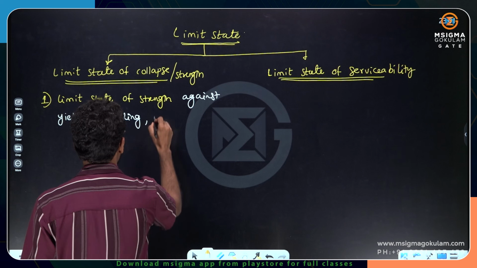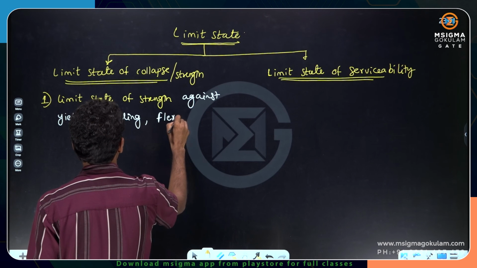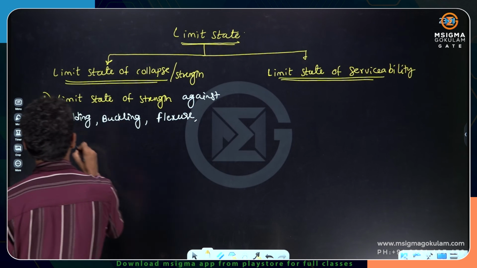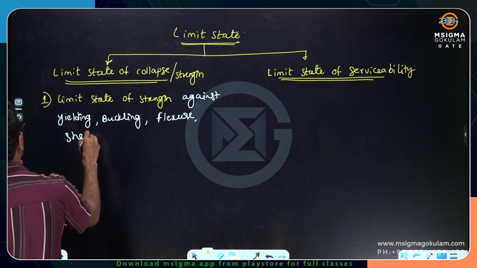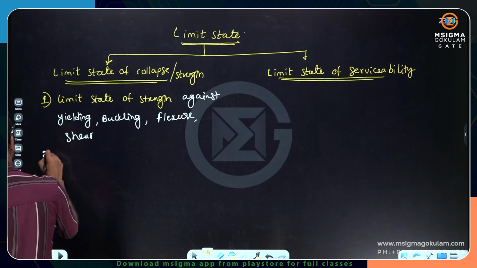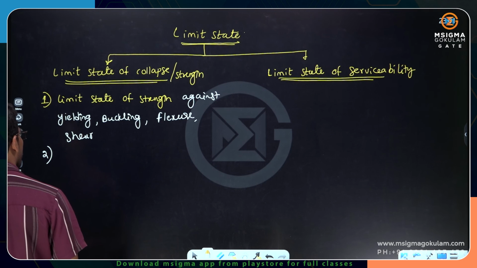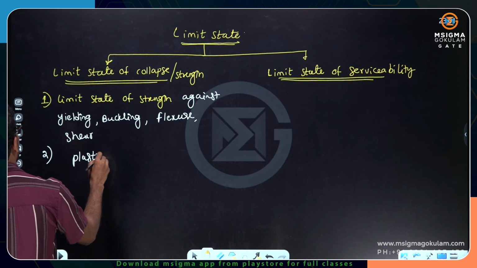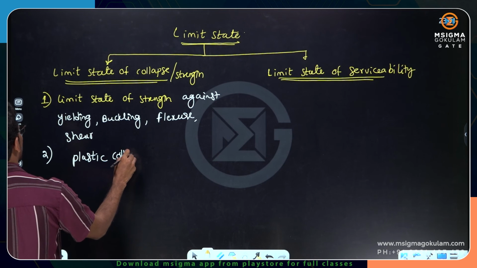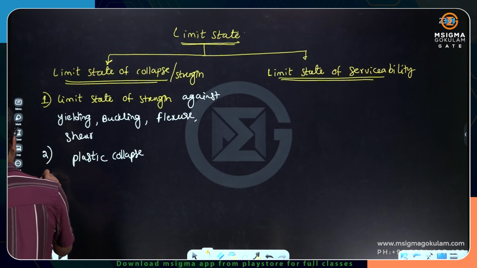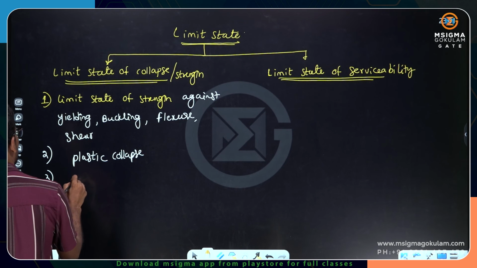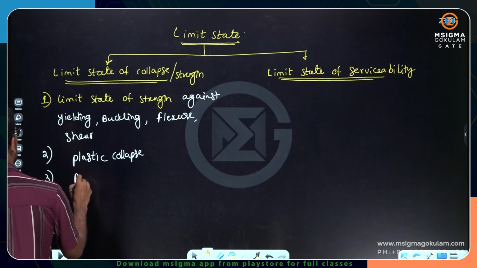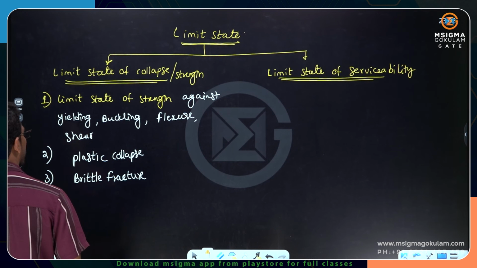Then we have flexure, shear, and limit state of strength against plastic collapse. There should not be any plastic collapse taking place. Then we have even brittle fracture, so the material should not fail by brittle fracture.